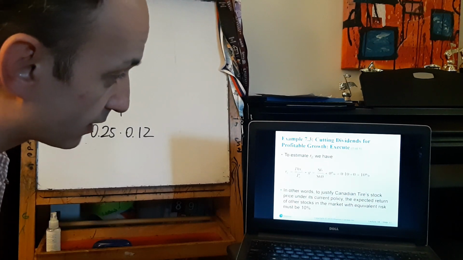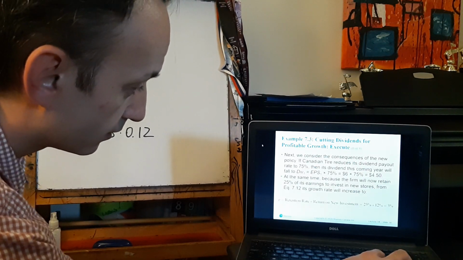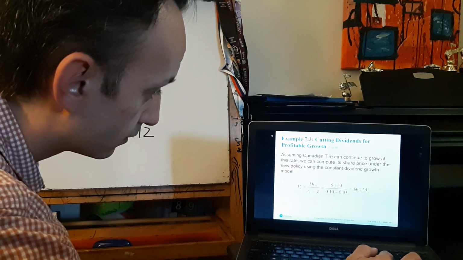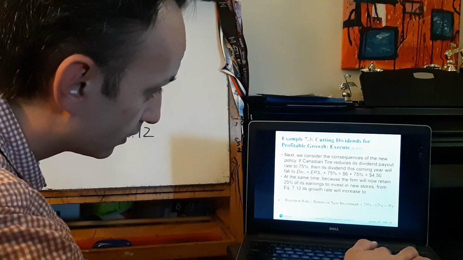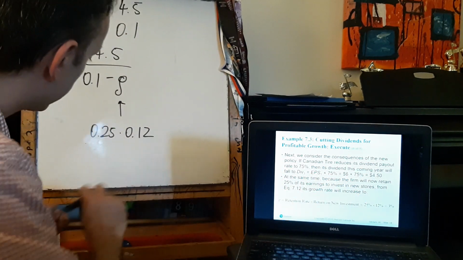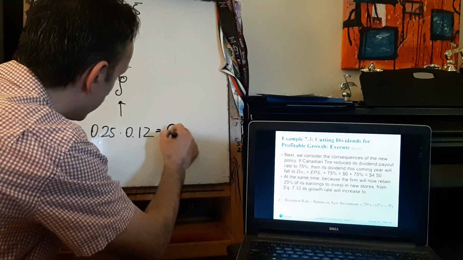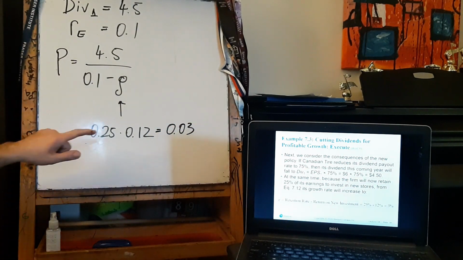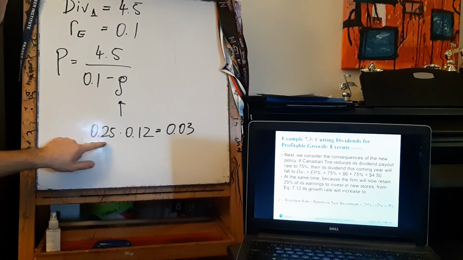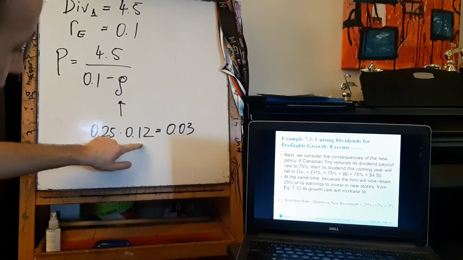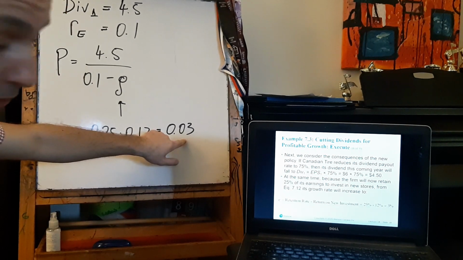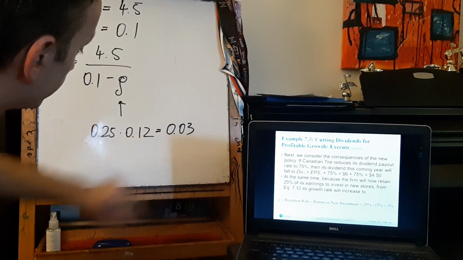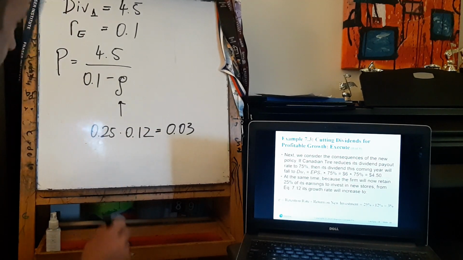And so we see that number should be 3%. So if you reinvest 25% of your net income into a project that gives 12% return, the growth for the whole company for the net income is going to be 3%.